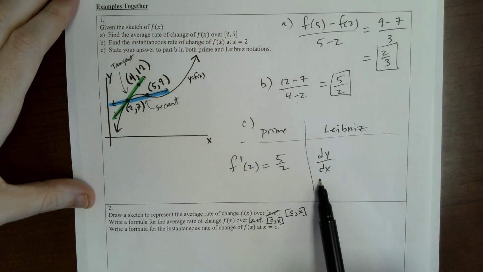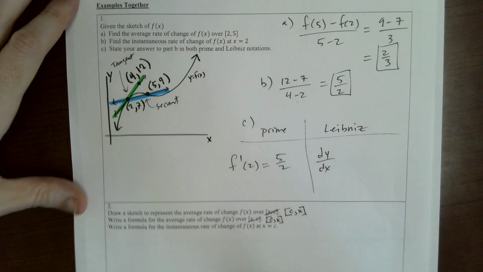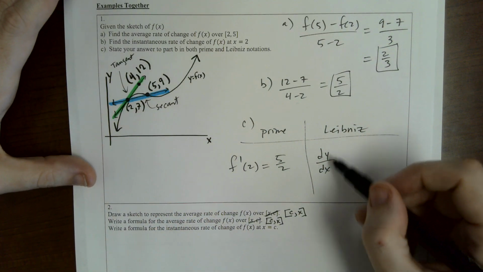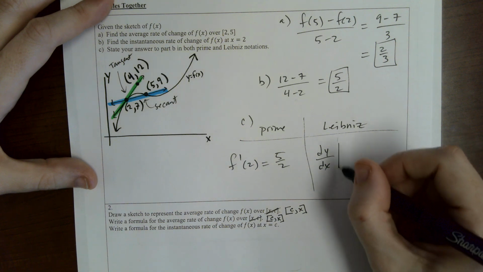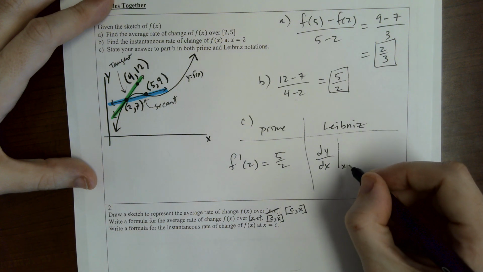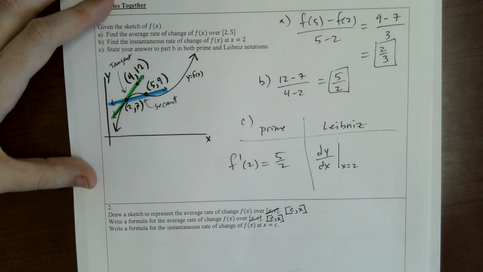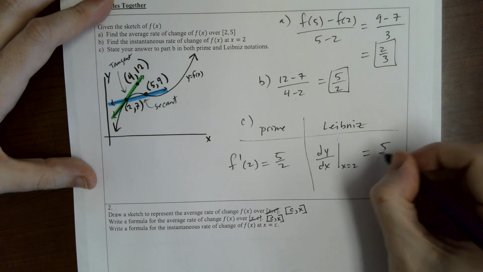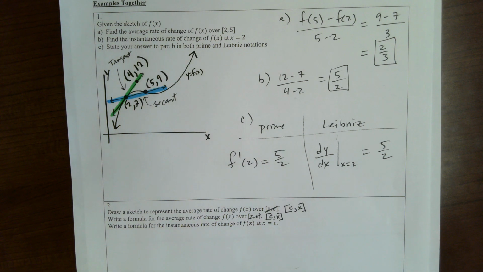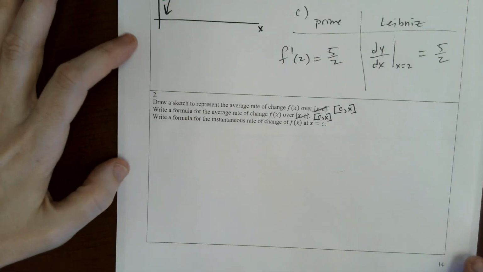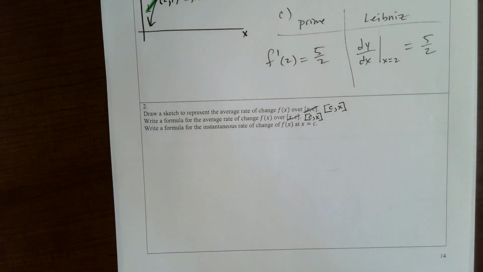And so this notation is kind of based off of that idea. So dy dx, and then you do a little line. This means evaluated at, and then down here we'll say x equals 2 equals 5/2. And this is just notation. This is just symbols and how we read them. Okay, guys, prime, Leibniz.